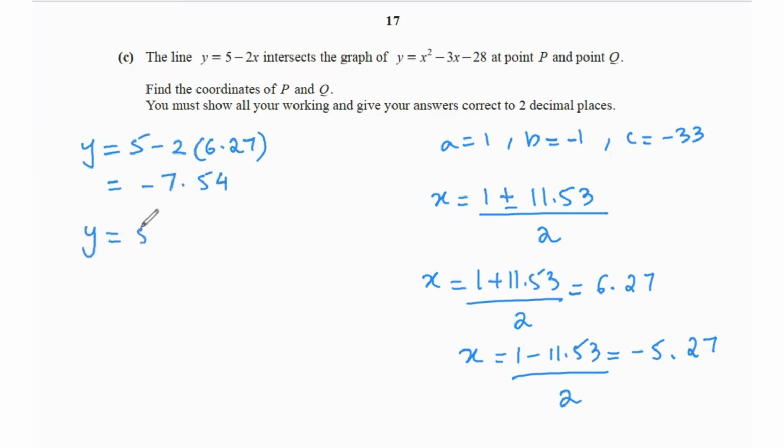And y equals 5 minus 2 times negative 5.27, and that's giving us 15.54.